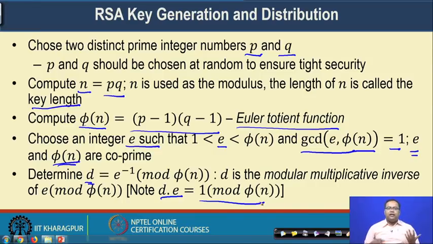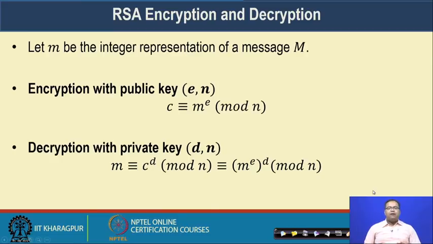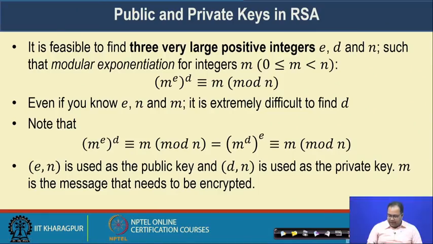Now, you can generate the public and the private key pairs. Once you have generated your private key and the corresponding public key, as mentioned earlier, e and n are used as the public key, and d and n are used as the private key.